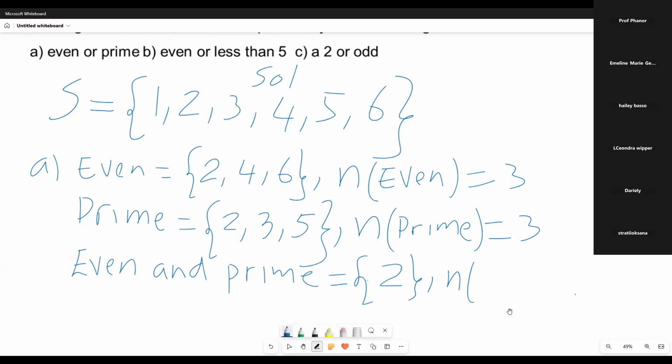So n of E and P will be just 1 because there's only one outcome. Got it?